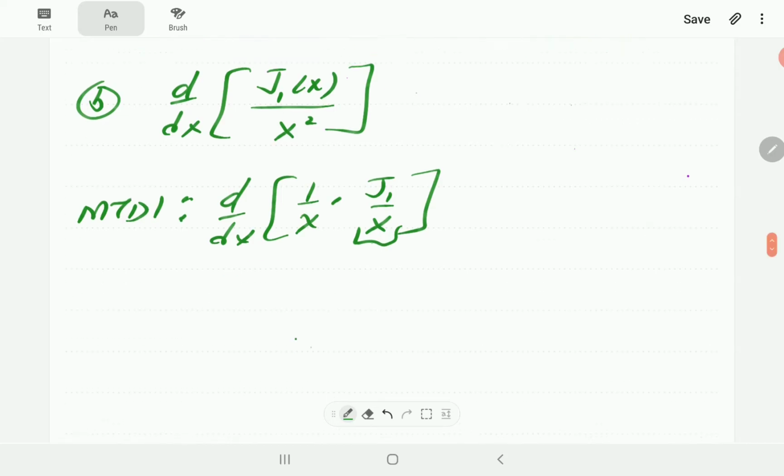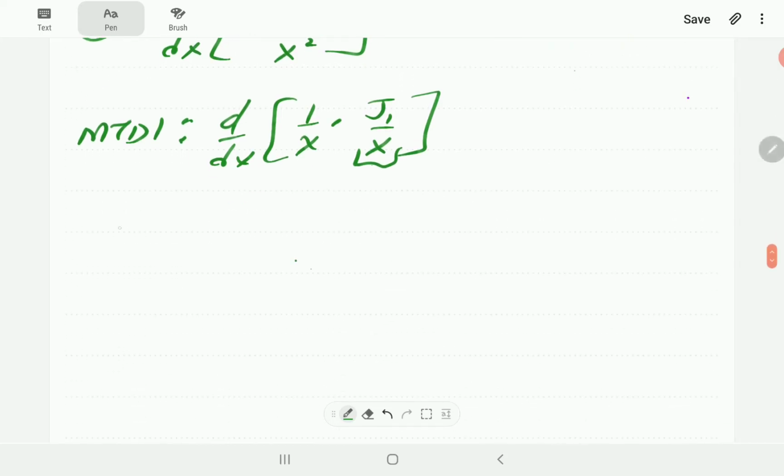So again, we're going to treat this as a product. Using the product rule, when we differentiate 1 over x, we get negative 1 over x squared. Then in the second term, we keep 1 over x fixed. We differentiate J1 over x.